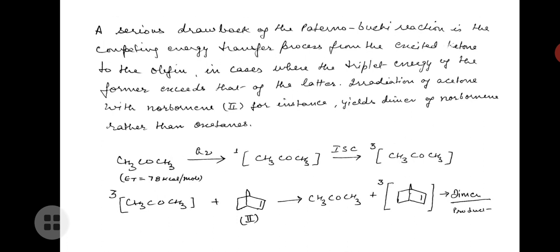So benzophenone plus norbornene on irradiation yields the oxetane of norbornene. For a similar reason, the Paterno-Buchi reaction fails to occur with conjugated dienes, whose triplet excitation energy is far below the triplet excitation energy of the ketones.